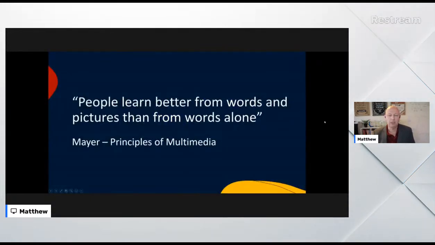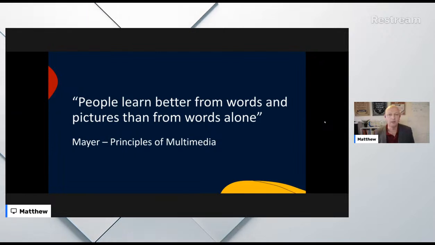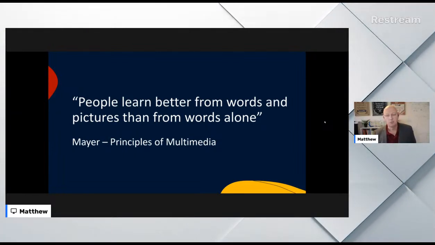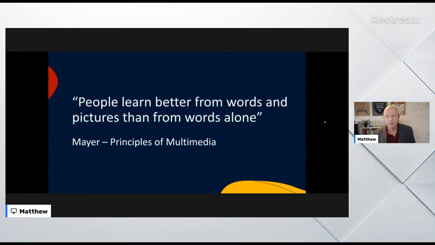And certainly, there's a whole range of research and statistics around how effectively people learn. For example, Mayer's principles of multimedia say that people learn better from words and pictures than from words alone.